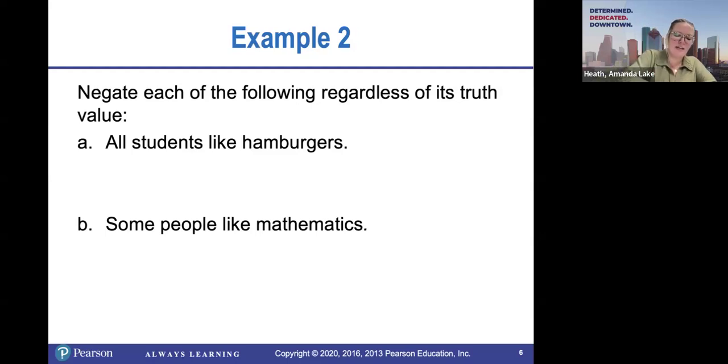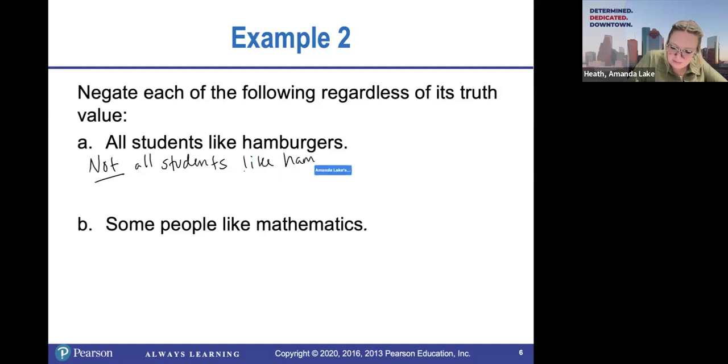So the negation of all students liking hamburgers would mean that not all students like hamburgers. So, an intermediate step you might take here is to say not all students like hamburgers. You could also say one student does not like hamburgers.